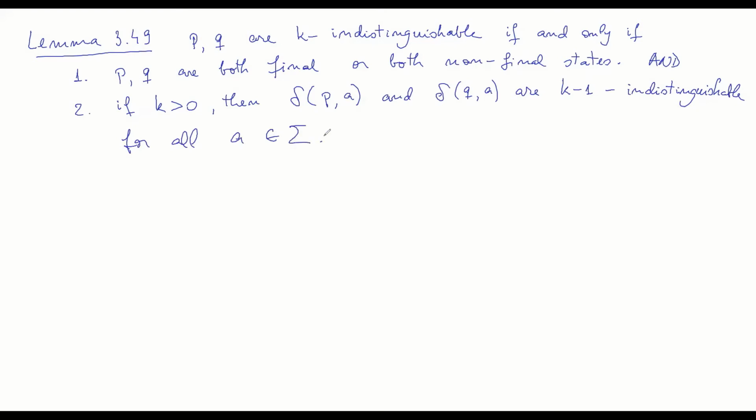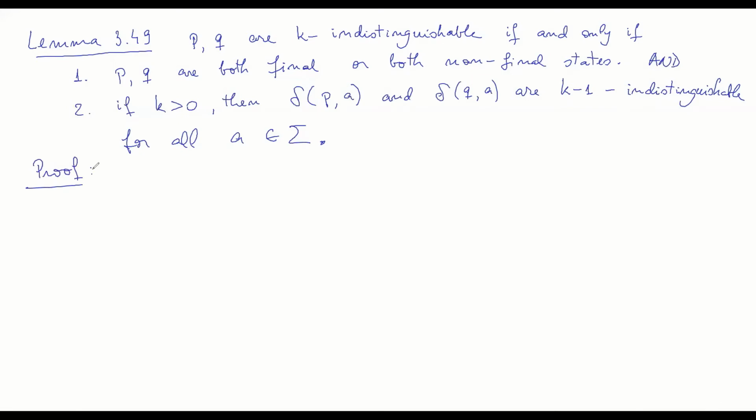So what this means is that if K is bigger than 0, then you really have no way to distinguish between P and Q in the case when, if you take a step ahead from P and a step ahead from Q on A, those states that you have are K minus 1 indistinguishable. By looking still ahead from those states, K minus 1, still you cannot make any difference between them. And when formulated like this, when interpreted like this, the result is almost obvious. But I'm going to give it a proof anyway, just to fix these ideas.